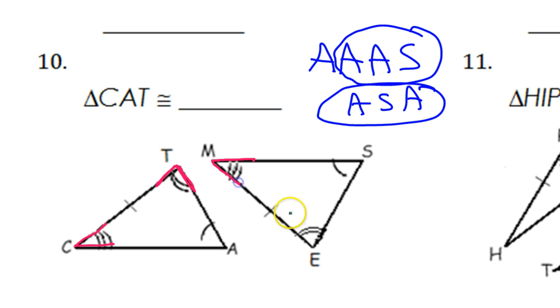So here's the triple and here's the double. The question is, do we have the side in between marked congruent? This would be the side in between, and it is congruent. And this would be the side in between, and it is congruent. So we do in fact have angle, side, angle happening. We could go with that right now.